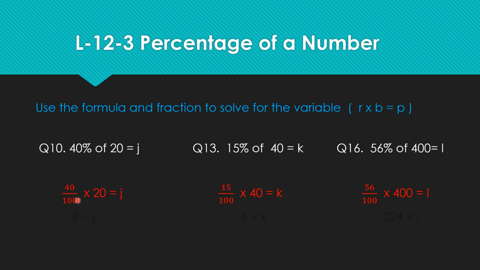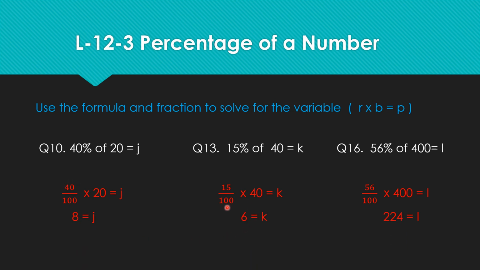Then how to solve? Just cancel the zeros, one zero cancels with this one, one zero cancels with this one. What is the answer? 2 multiplied by 4 is 8.